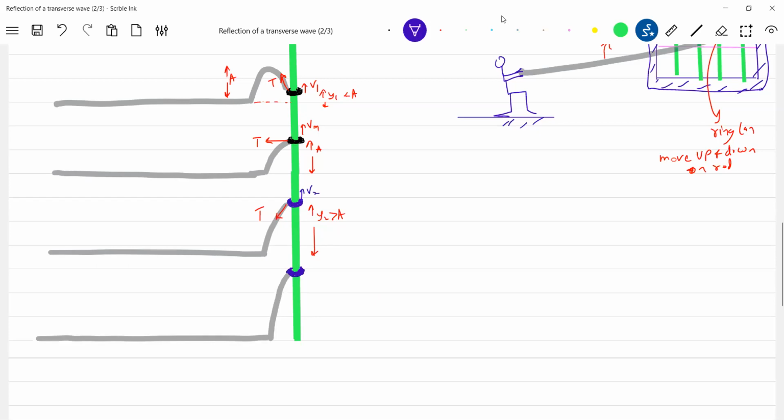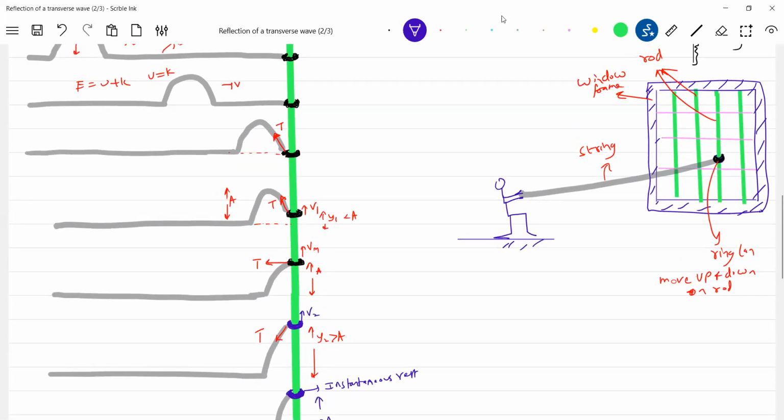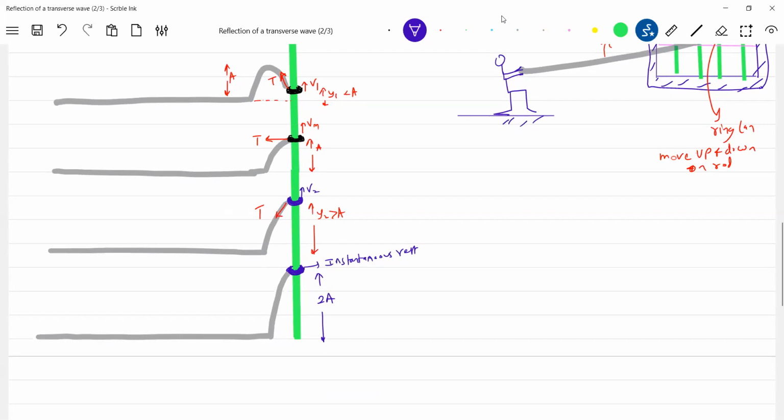So what is the state of the ring? The ring will be at instantaneous rest. Instantaneous. And if you go and check the amplitude, it will be 2A. The displacement of the ring from the mean position will be 2A. What is the energy in the rope? Here we had U plus K, no? Here the kinetic energy will be 0.